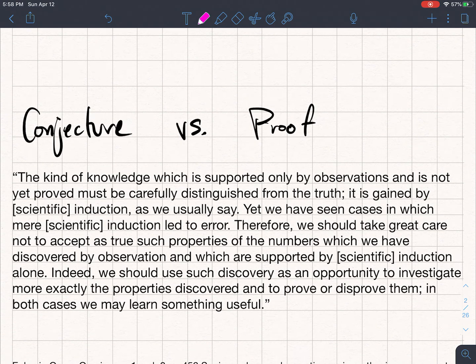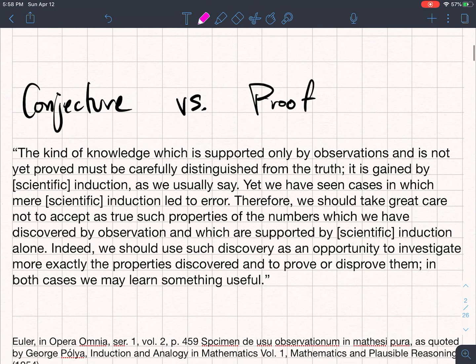It doesn't matter how many different values of n you try out. You can't try out all of them. What trying out a bunch of n will do is help you formulate a conjecture. And a conjecture may or may not be true. In math, we have to prove our conjectures in order to be certain that they're true.